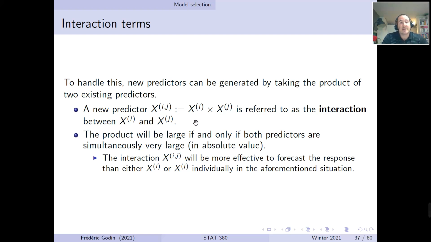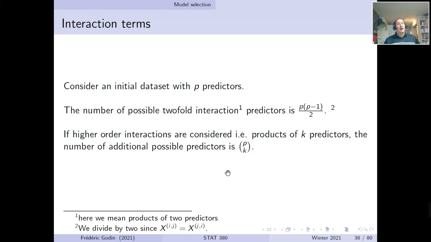So in that case, the interaction term x_ij might be more effective to make predictions than either x_i or x_j individually.